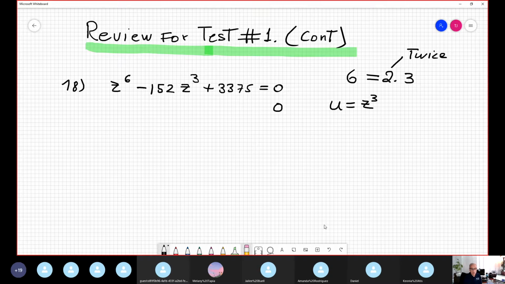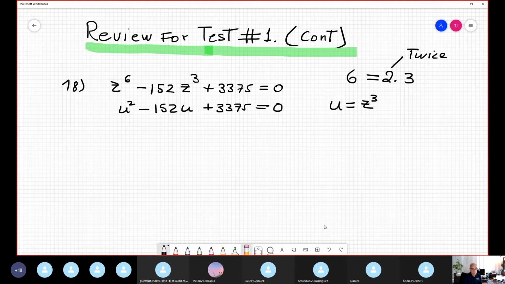When you rewrite the new equation using a new variable, we have 152u, because I define u as c cubed, and this is u squared, because this exponent is twice. So we focus now on this equation. This equation is obviously quadratic.